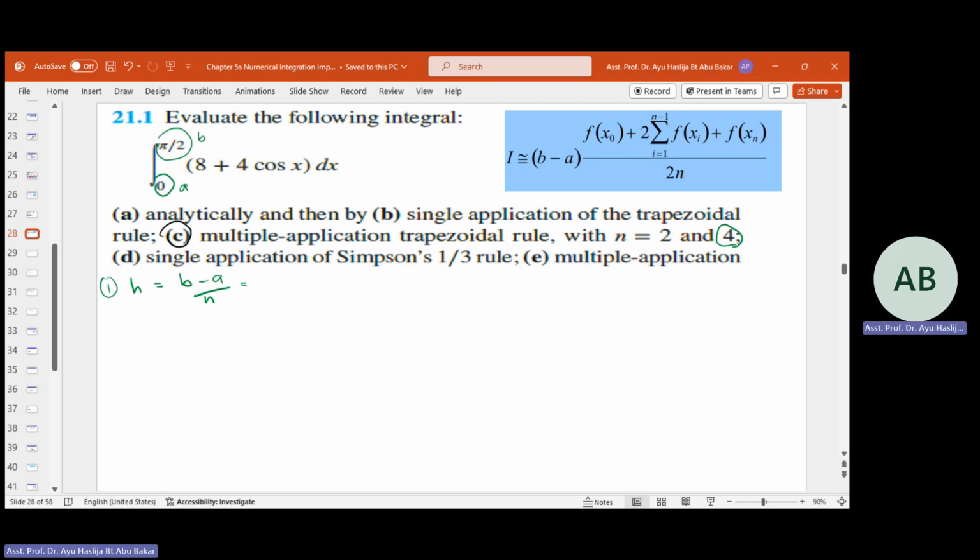Okay, how to find the h? b minus a over n, right? n is the order. So sub in all the values. What do you get?